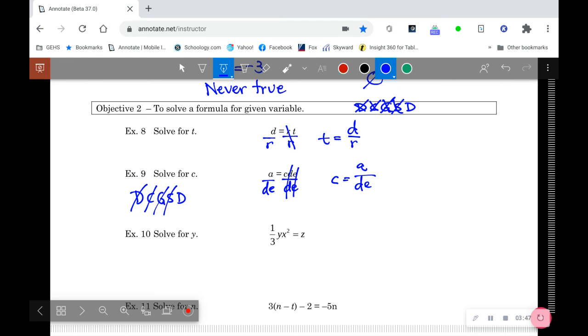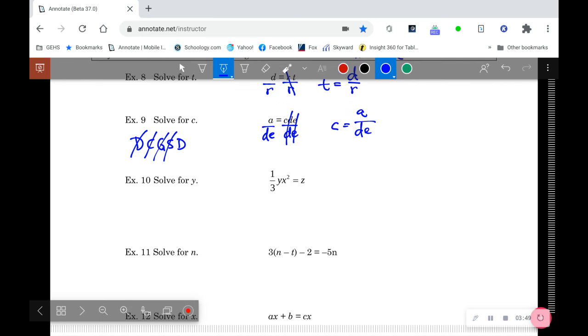Okay, example 10. Let me write down the steps again. Distribute, clear, gather, simplify, and divide. No distributing in this problem. You don't even see a plus or minus sign, so it can't have a distributing. Clearing fractions. This one has a fraction, and so I'm going to multiply both sides by 3 to get rid of the 3 and clear it out. 3 divided by 3 times 1 would be 1.